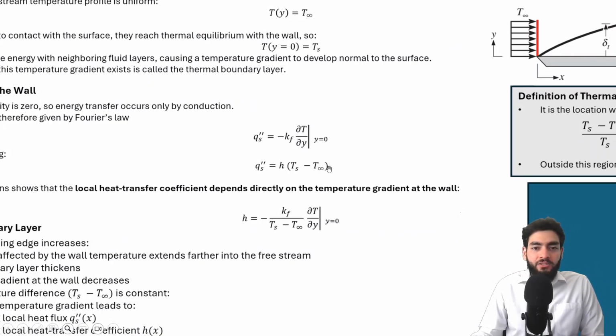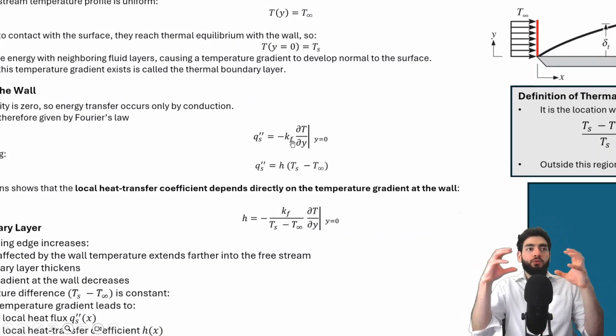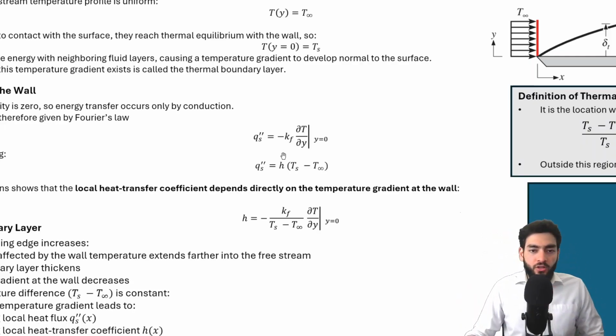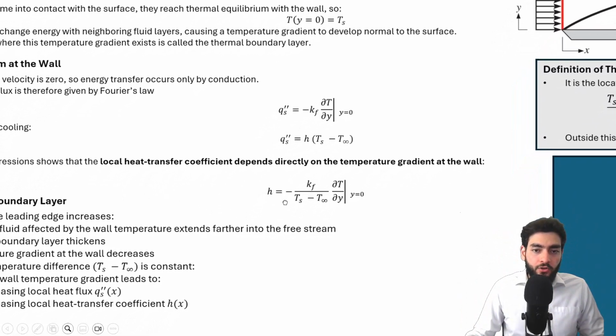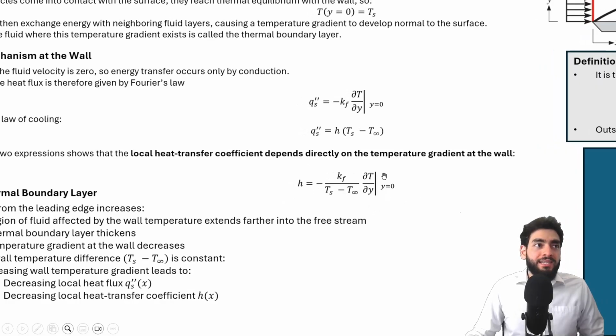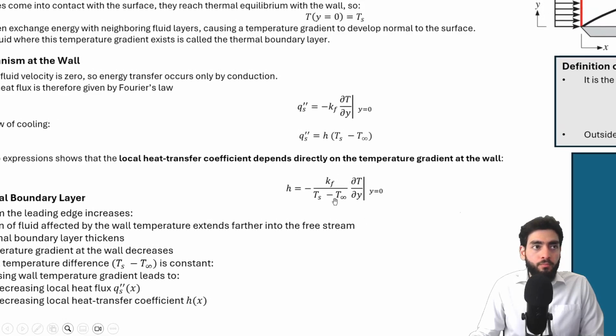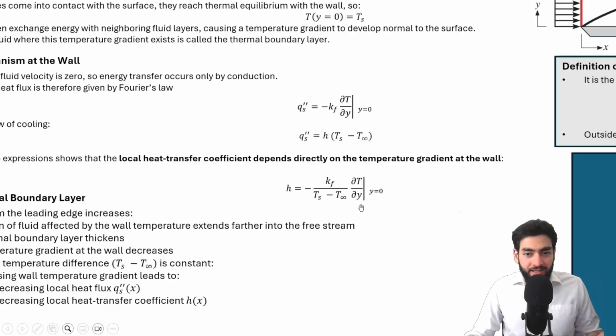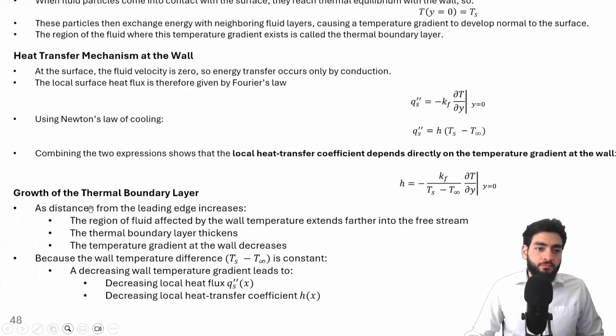What I did here is I just put these two equations equal to each other, and I rearranged to isolate for the local heat transfer coefficient, and then you essentially get this expression where the heat transfer coefficient is equal to -1 multiplied by the thermal conductivity of the fluid over the difference in the temperature from the surface to the bulk of the fluid, and all that is multiplied by the gradient of the temperature evaluated at the surface in the y direction.